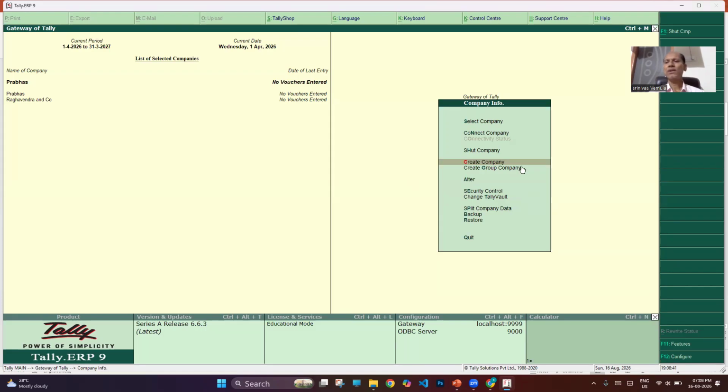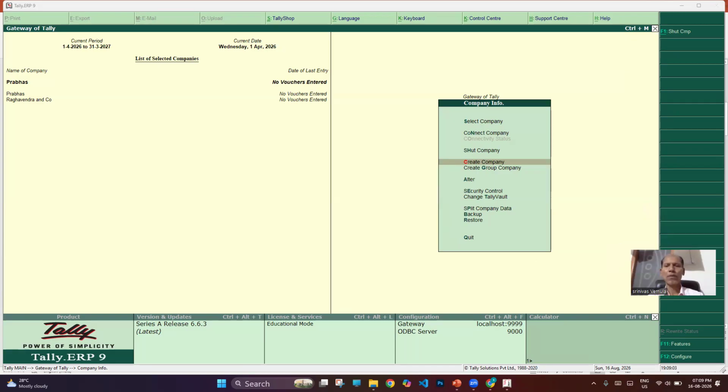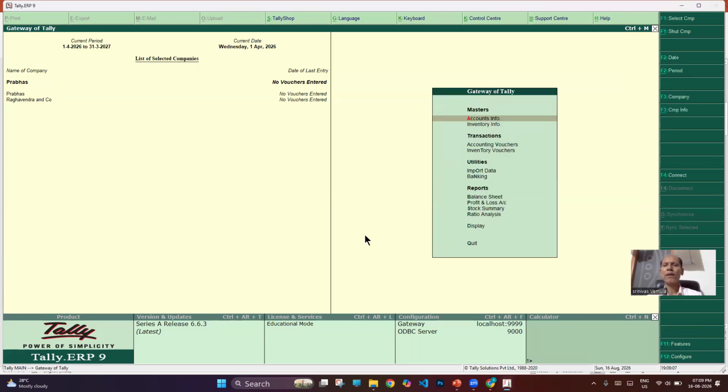For ledger creation, see the interface. Is there any option to create the ledger? No. So press escape.